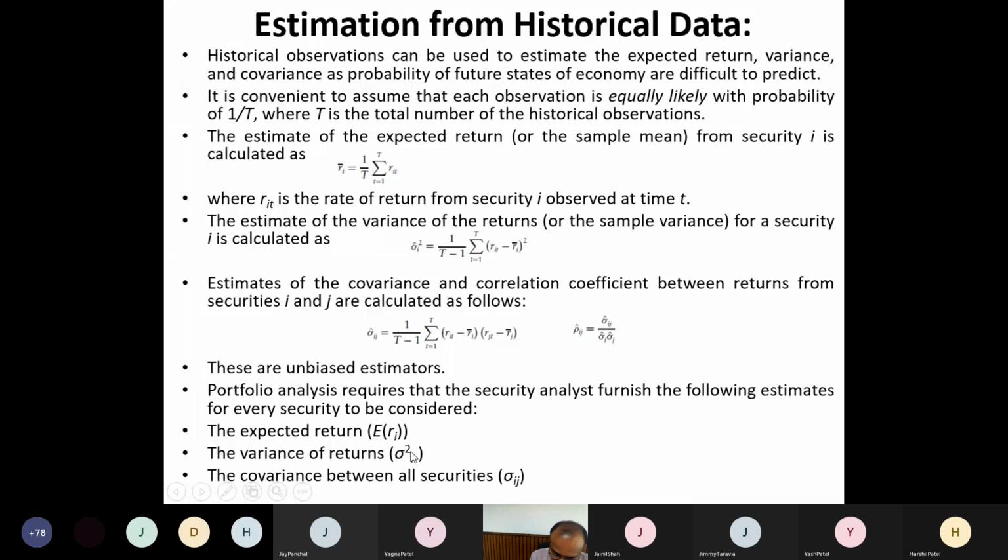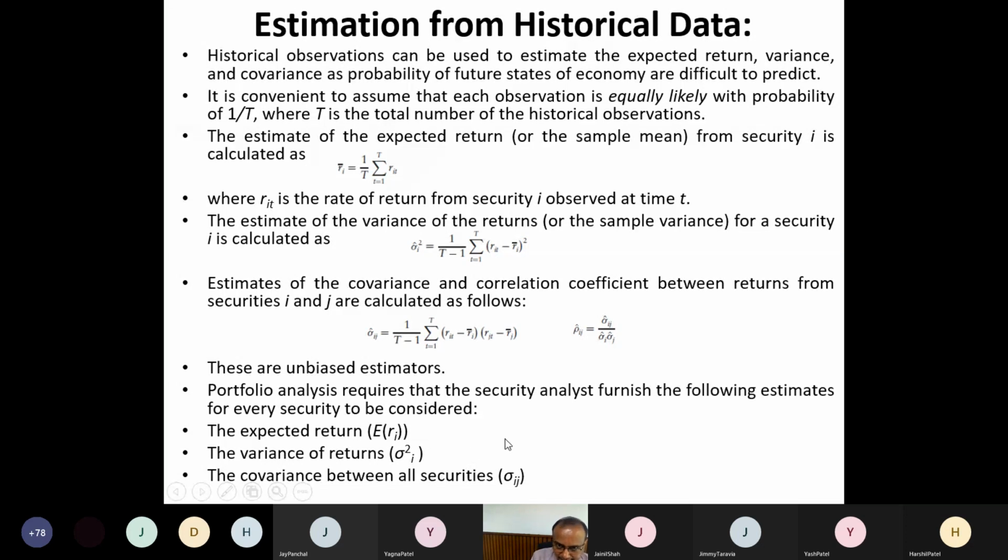Then the variance of return, sigma i square, and the covariance between all securities, sigma ij. So if there are n securities, all the covariances, all the variances and all the expected returns are to be supplied. Later on we formulate it in one good equation, which we see in the next slide.